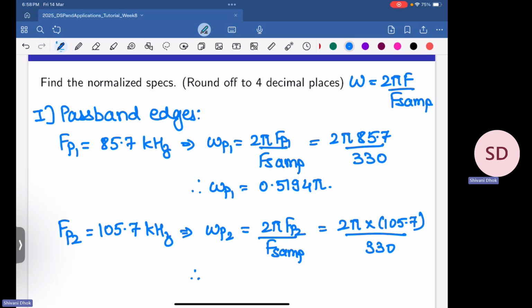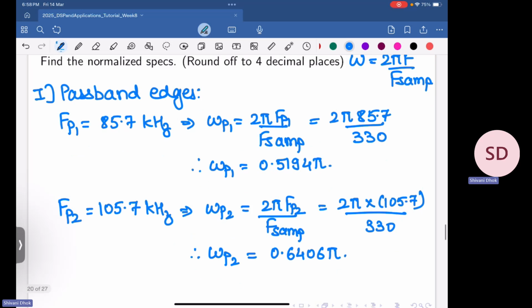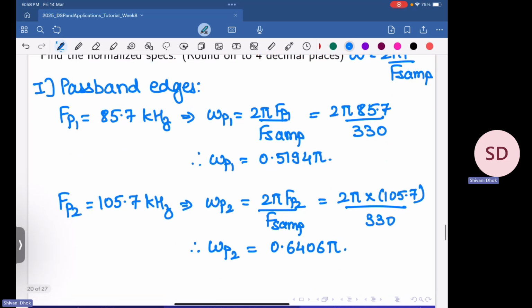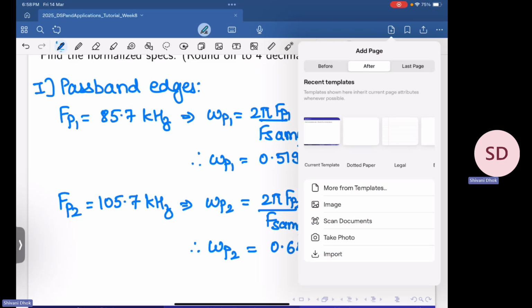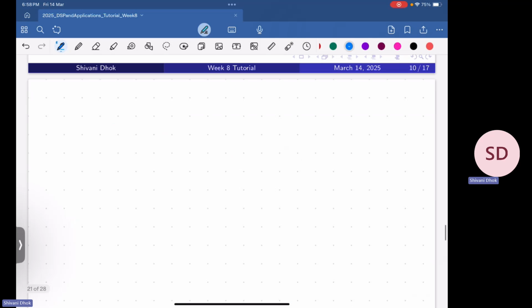Again, by calculators, we get omega P2 as 0.6406 pi. So these are the normalized specifications for passband edges. Next thing we need to do is repeat the same thing for stop band edges.